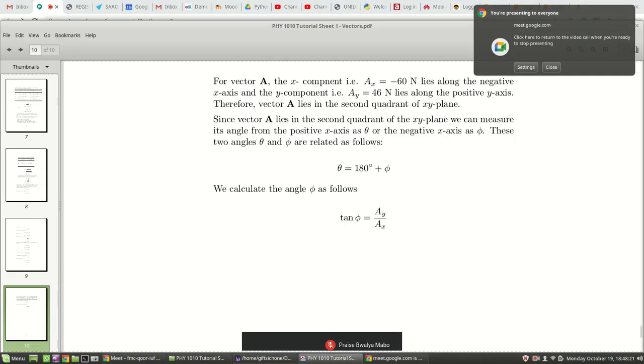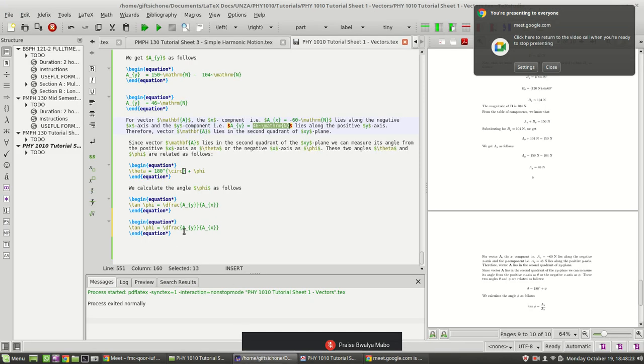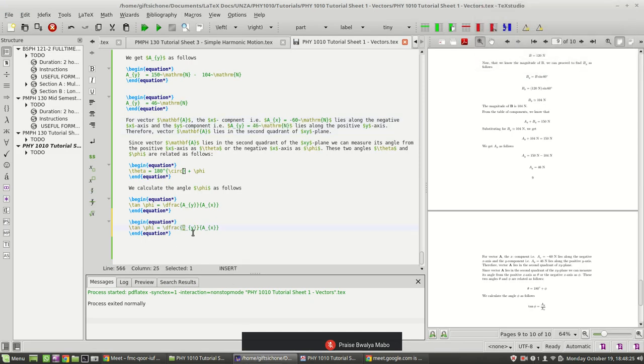AY is 46 newtons. Then how much is AX? AX is negative 60 newtons.